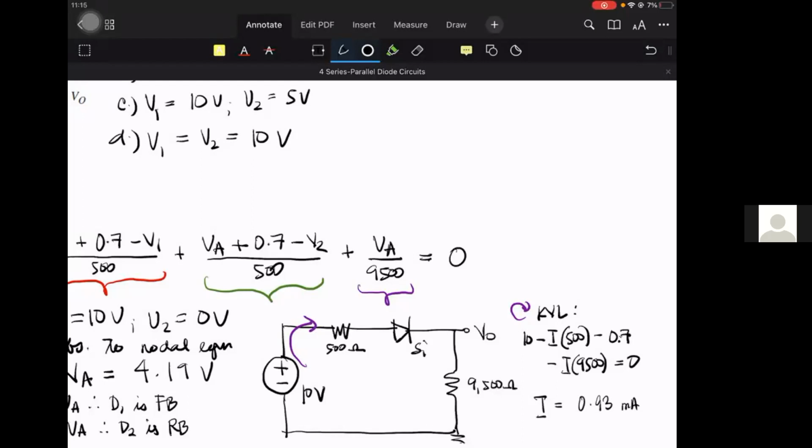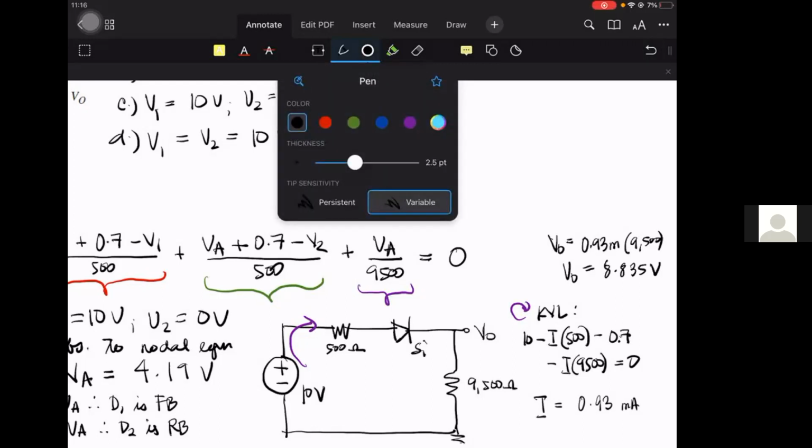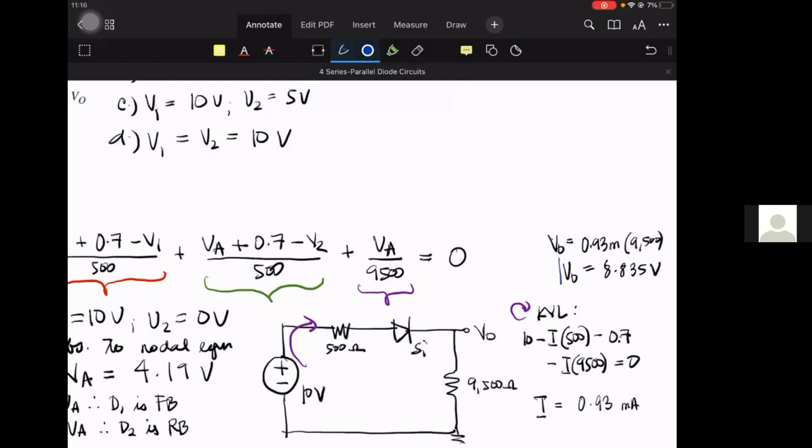VO is equal to 0.93 times 9.5K, which is 8.835 volts. This is the true VO, not the 4.19. That was only a temporary value, so to speak.